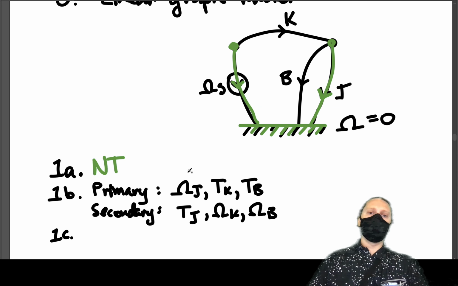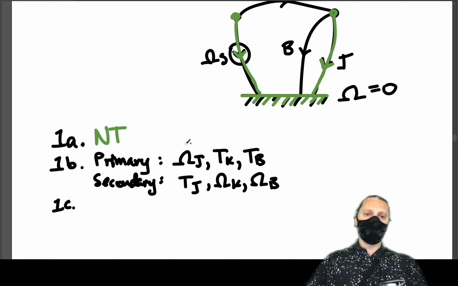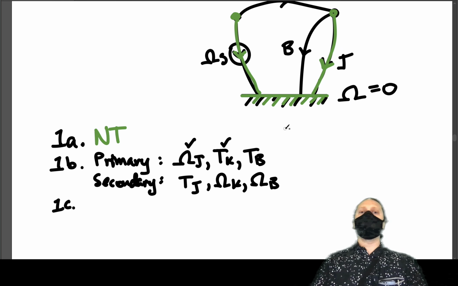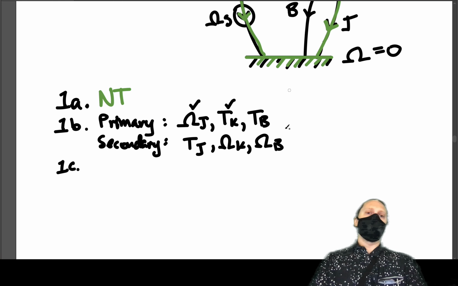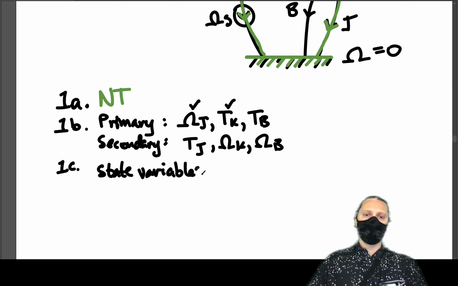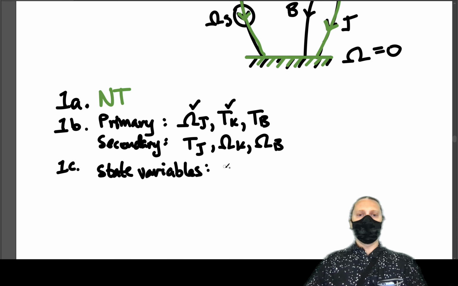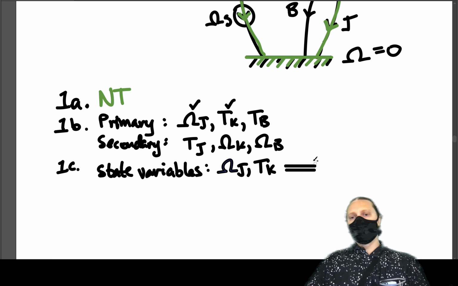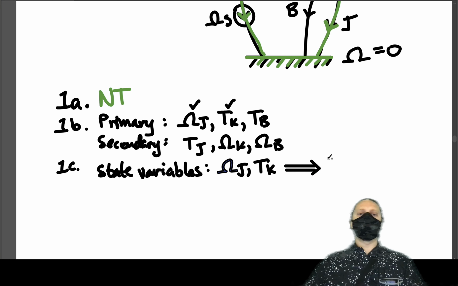So we just identify the A-types and the T-types, and those are our state variables. This is an A-type, so omega J. This is a T-type, Tk. So our state variables are omega J and Tk.